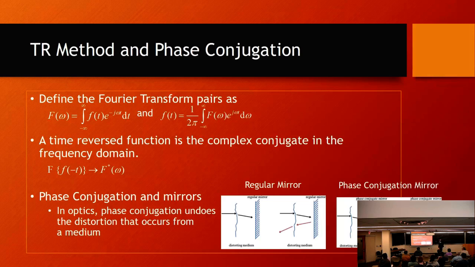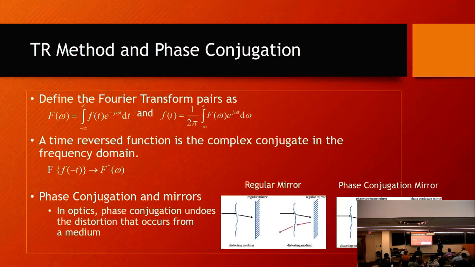And this has interesting features, and in optics, I want to bring this up because it does make a point. Let's say you have a regular mirror that's sitting over here, and a light wave comes through some distortive medium right here. So it's, you know, Snell's law, it's going to do its thing, and as it hits that mirror, again, Snell's law comes into play.